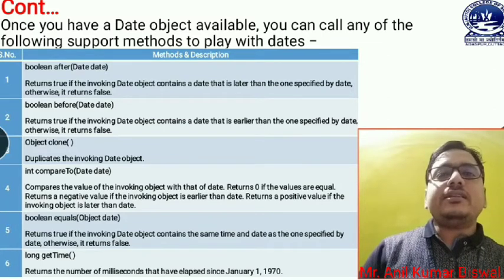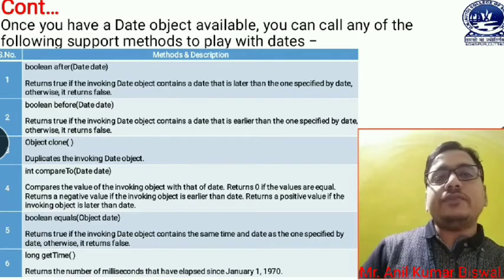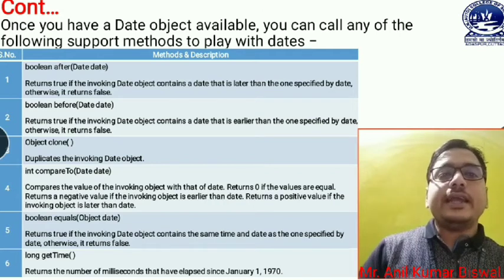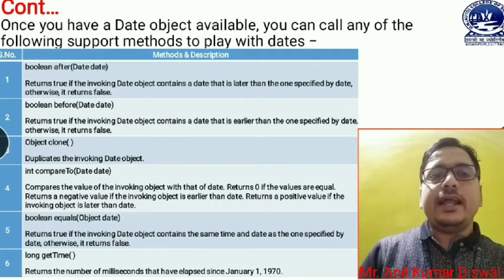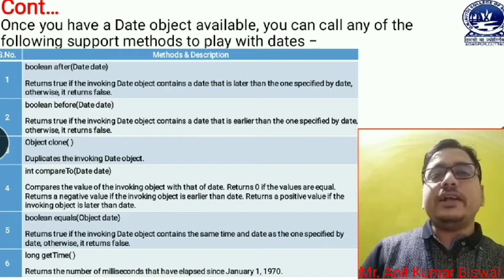The second method is the before method, which also returns boolean type. It returns true if the invoking Date object contains a date that is earlier than the one specified by date, otherwise it returns false. If it is not in that format, it returns false.